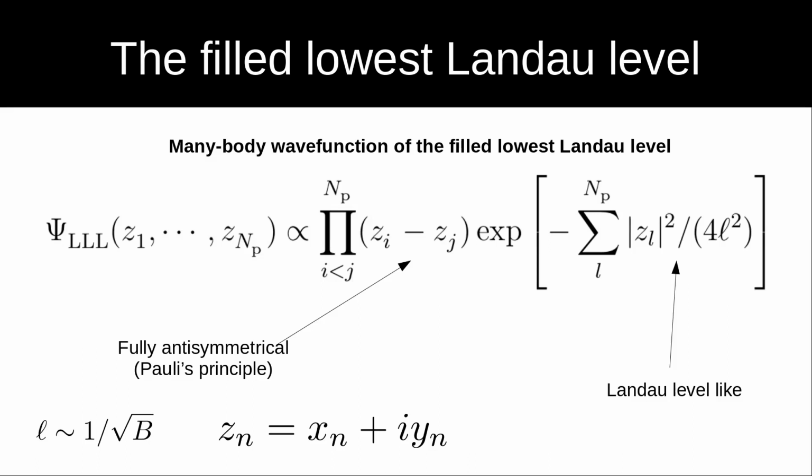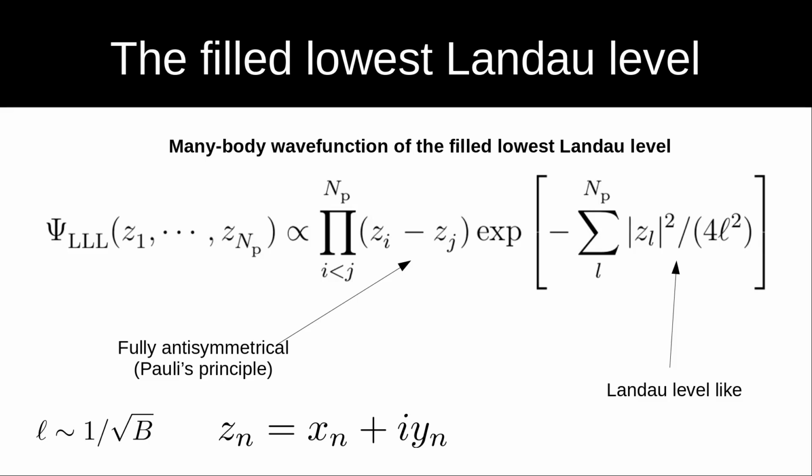And what is important is that when you do a product of these different Z's, you effectively get a polynomial in Z. And a polynomial in Z was a, let's say, a zeroth Landau level wave function. And then we have the exponential of the sum of all the complex coordinates to the second power. And of course, this is the Gaussian envelope that we had before.